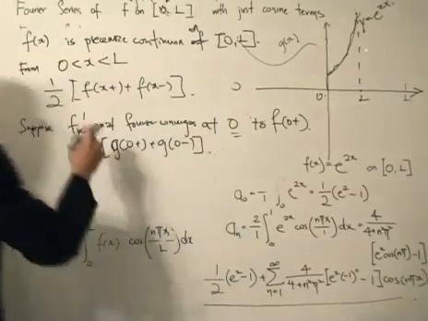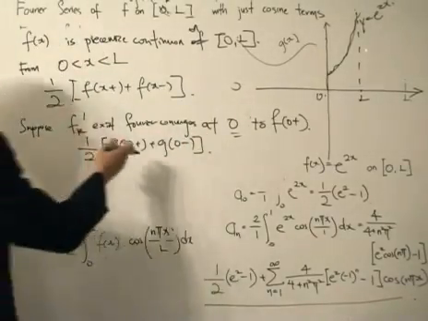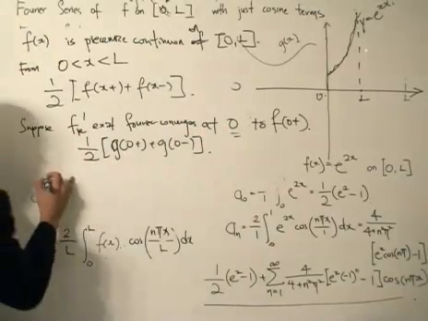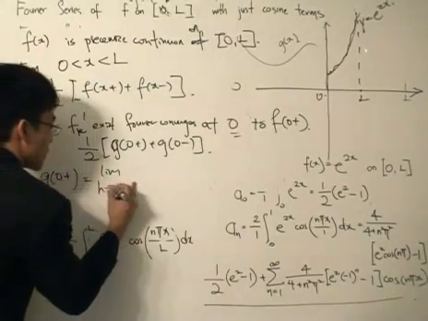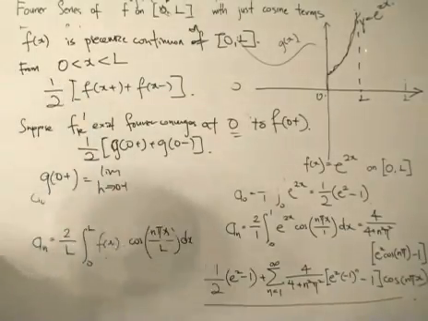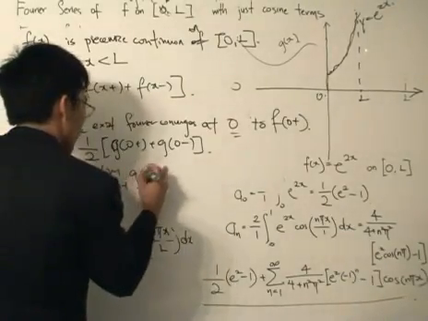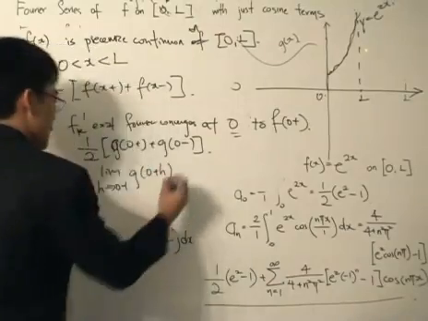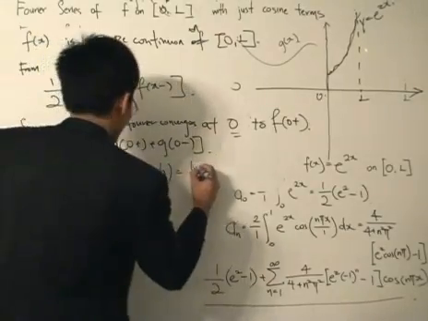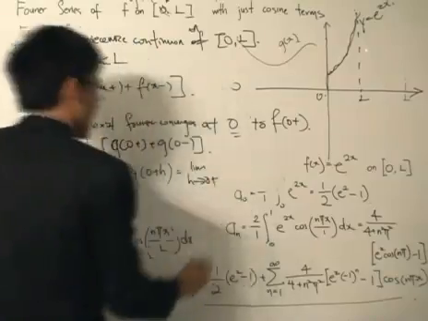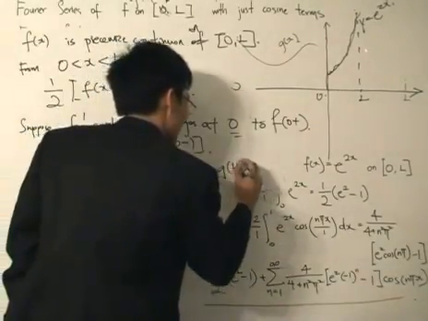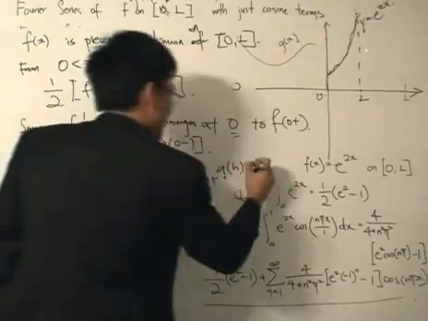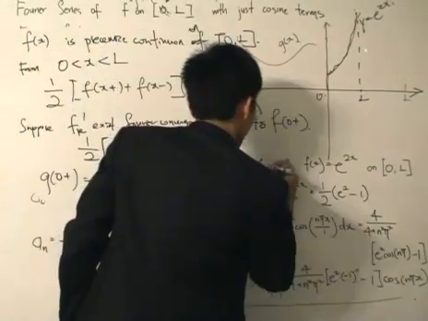So this is where the graph of g(x) will converge to at the point 0. Evaluating, we have g(0+) equals the limit as h tends towards 0 from the positive side of g(0 + h). This is basically the limit as h approaches 0 from the positive side of g(h), which is just going to give us f(0+).